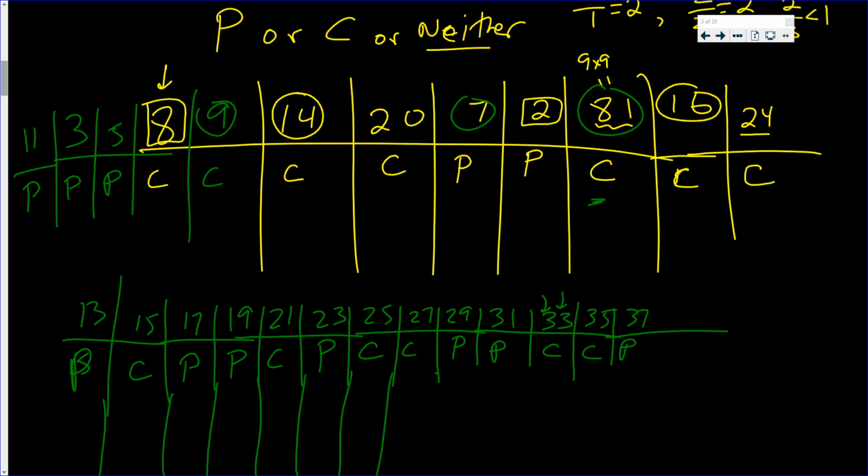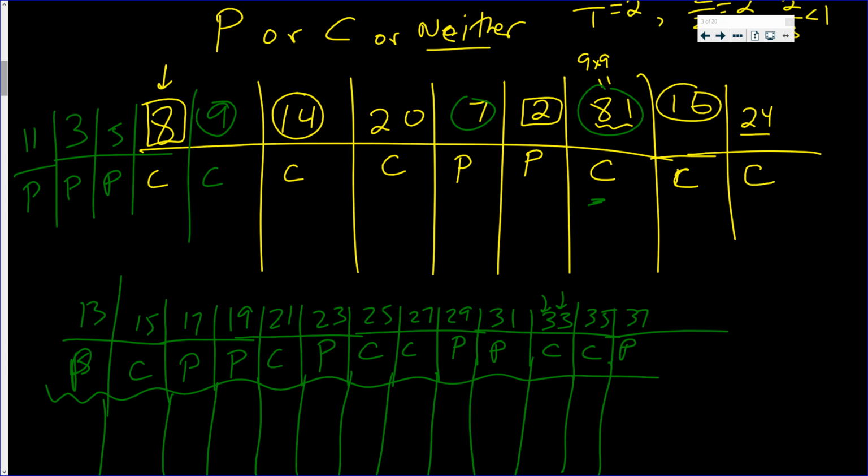Now, for the even numbers, here's what I'm going to say for every even number. The number 4 is composite because 2 goes into it. The number 6 is composite because 2 goes into it. The number 8 is composite because 2 goes into it. The number 10, 2 goes into it. So does 5, but 2's enough. 12, 2 goes into it.